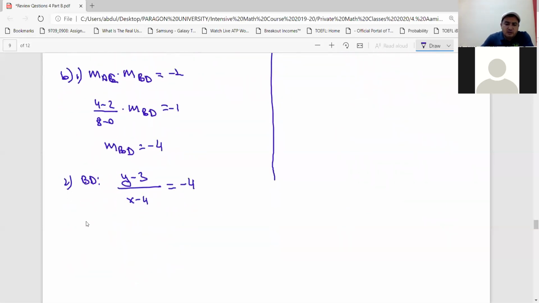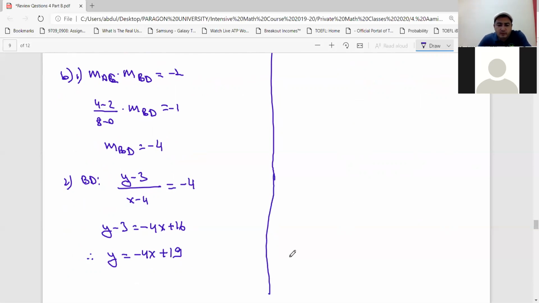If you cross multiply, multiplying both sides by x minus 4, we have y minus 3 equals negative 4x plus 16. So y equals negative 4x plus 19. That is the equation of BD. How about the next one?